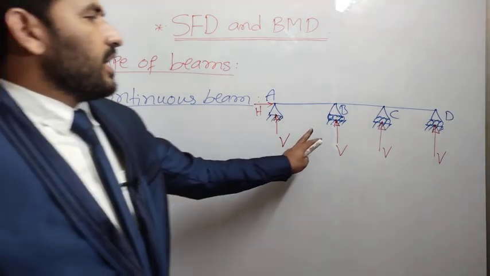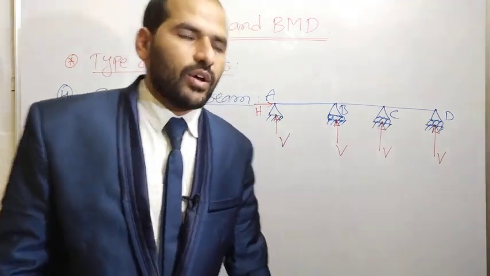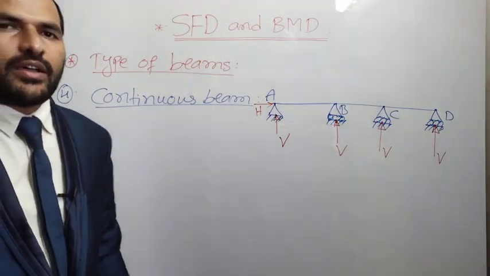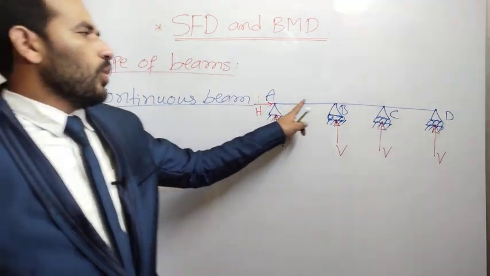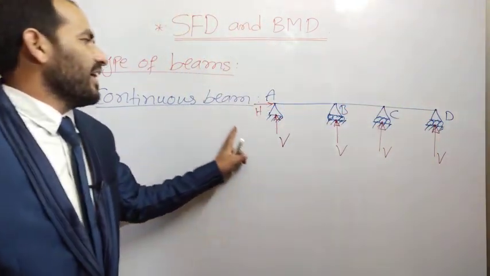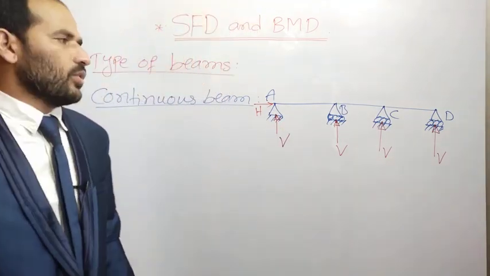Alright, so here we provide roller support, here we provide the roller support, and here we provide the pin or hinge support. To avoid the rolling problem of this entire beam, we provide a pin or hinge support here.